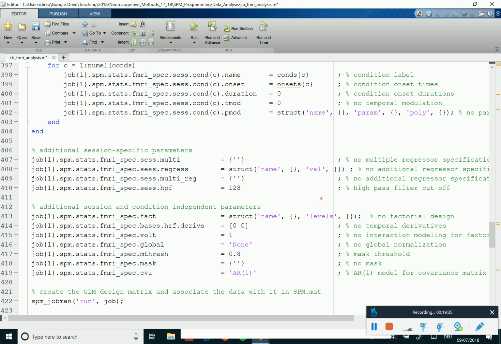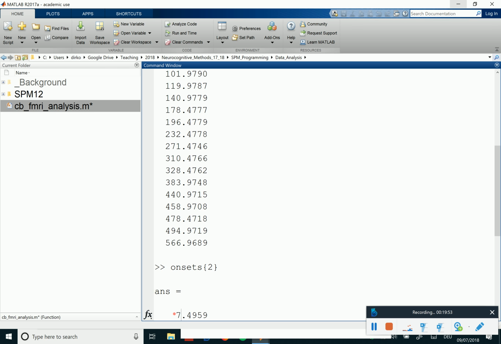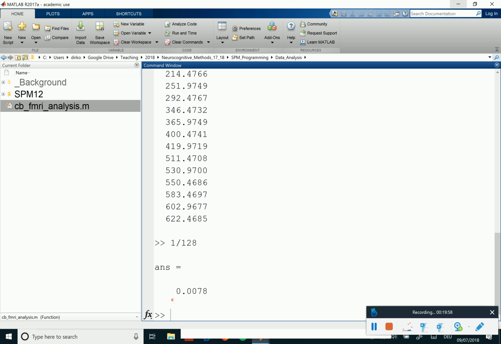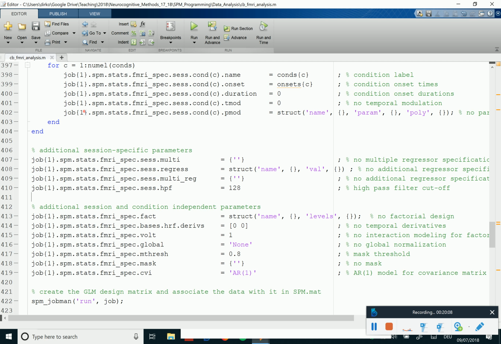So there are cosines of different frequencies, and they also get estimated so that essentially low frequency drifts are also accounted for as regressors of no interest. The cutoff is 1/128, so that's why there's this one; the cutoff is at 0.0078 Hertz. One can change that, then one does a different high-pass filtering. That's how SPM does it. FSL filters the data, SPM models the filter.